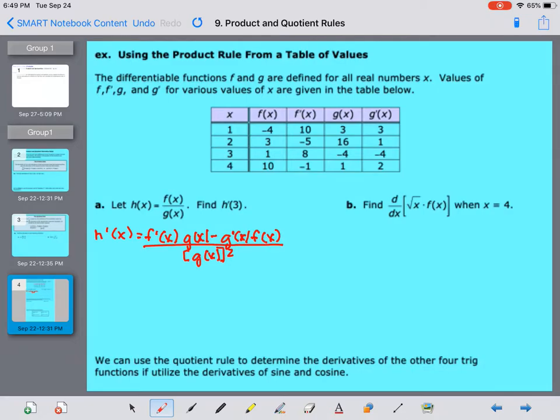And now to find h prime of 3, all we're going to do is plug in a 3 for every x in our problem. So if there's an x, we're replacing it with a 3 for our entire equation.